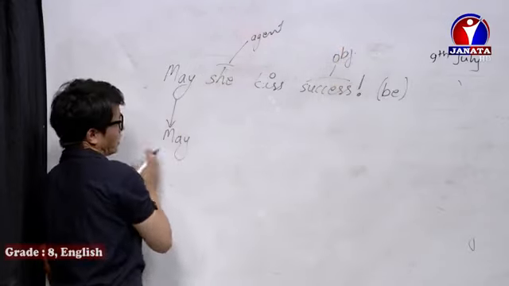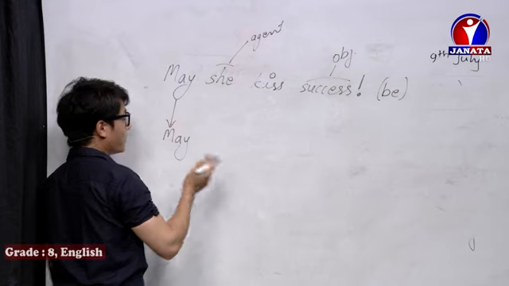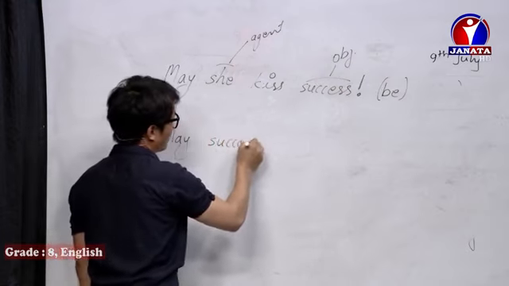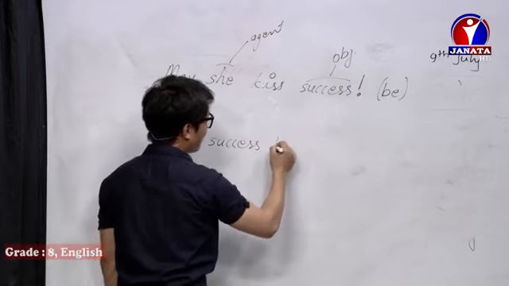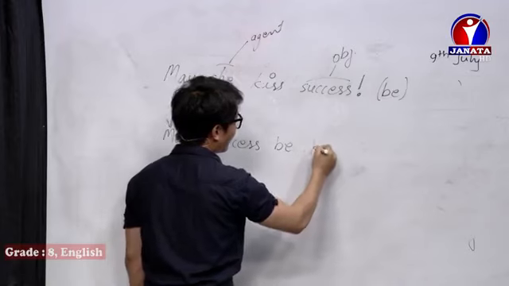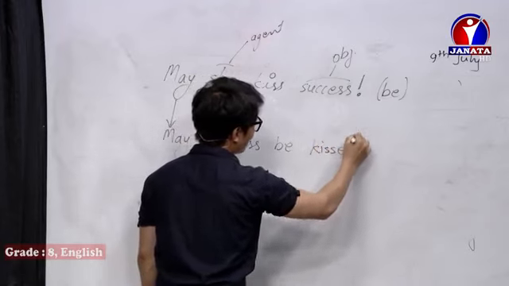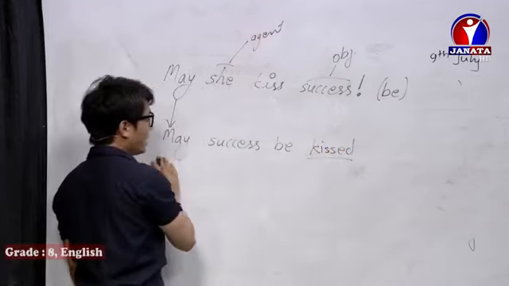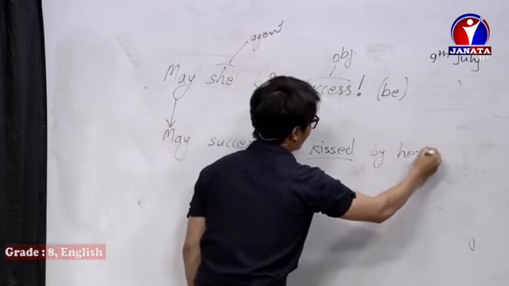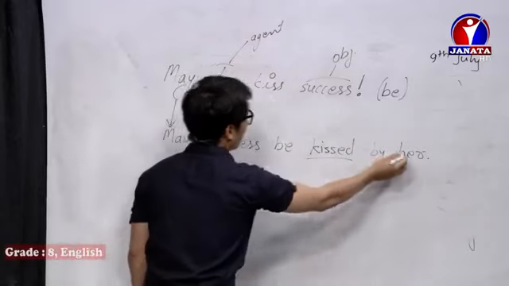So what do we need now? We need the object. So: may success. Now we need a be verb. May success be, and now kiss changes into verb 3, kissed. May success be kissed by her. You can write her here.